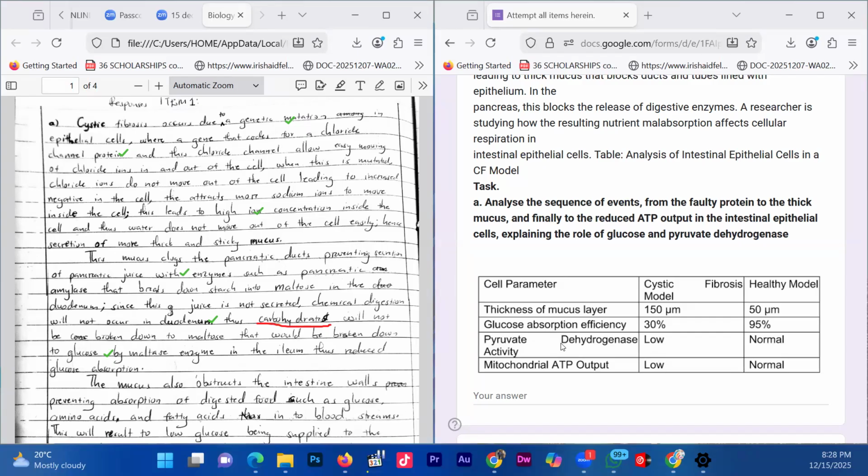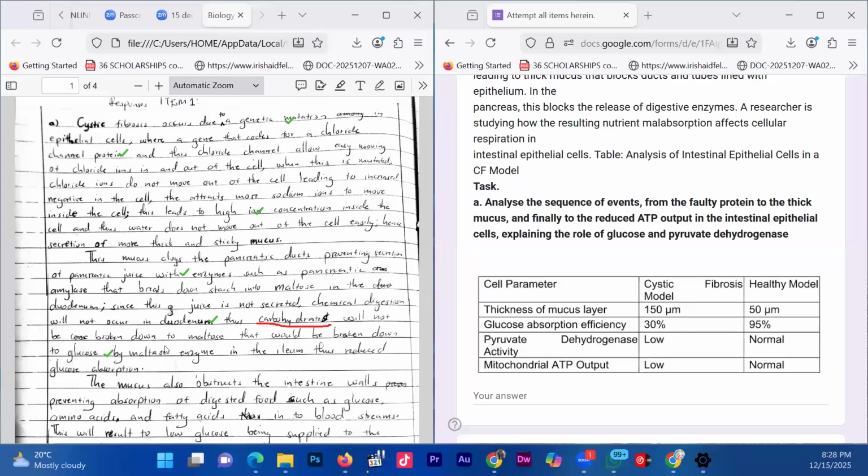Dehydrogenase means that it removes hydrogen atoms, or it carries out oxidation. I talked about it still. Okay.